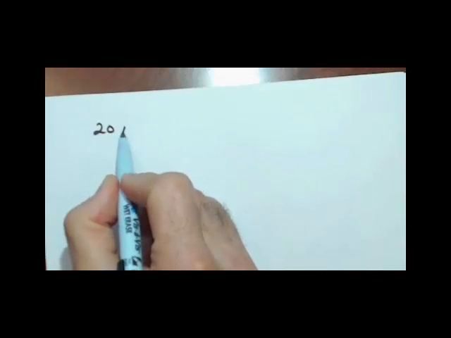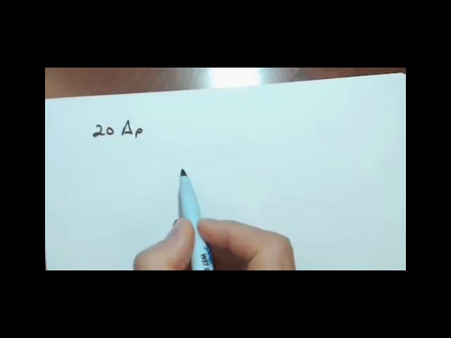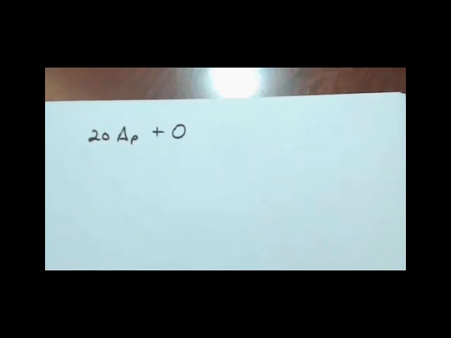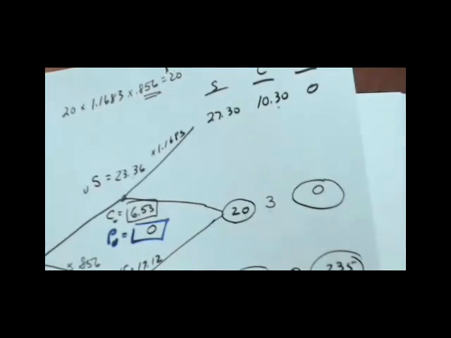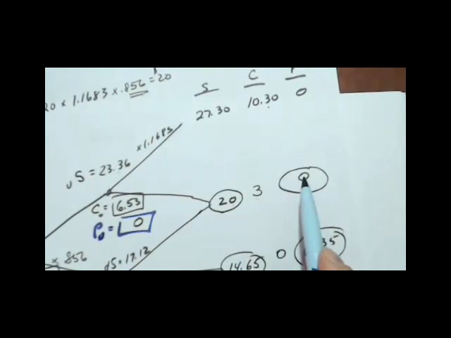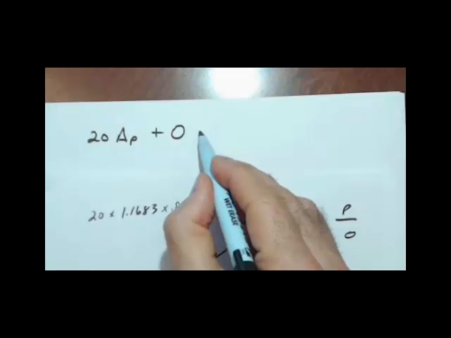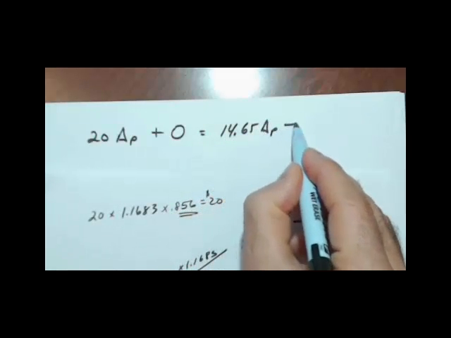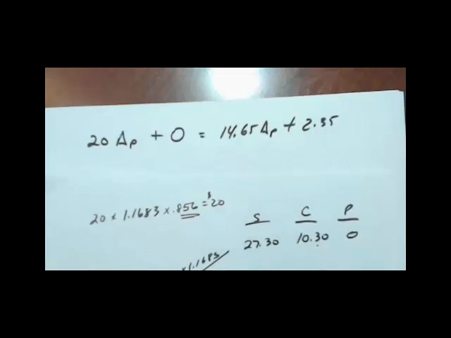So here it's 20 times delta P, got to figure out what that delta P is, plus 0, equals 1465 delta P plus 235.